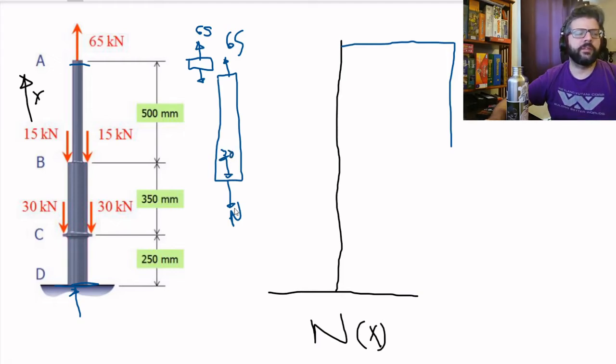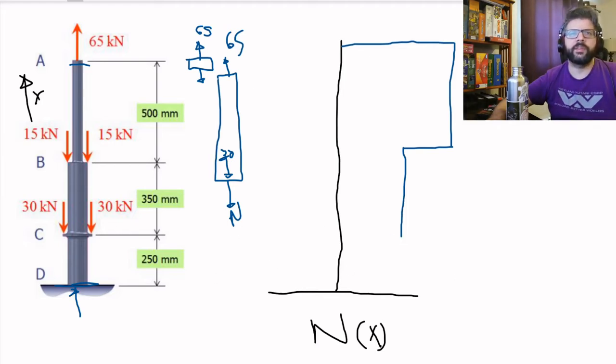Again, take the sum of our forces, got 65 minus 30 minus n is equal to 0, move the n over to the other side, and we got n is equal to 35. So this drops down from 65 to 35, looks to be about there. And then that stays constant until we get to C here.